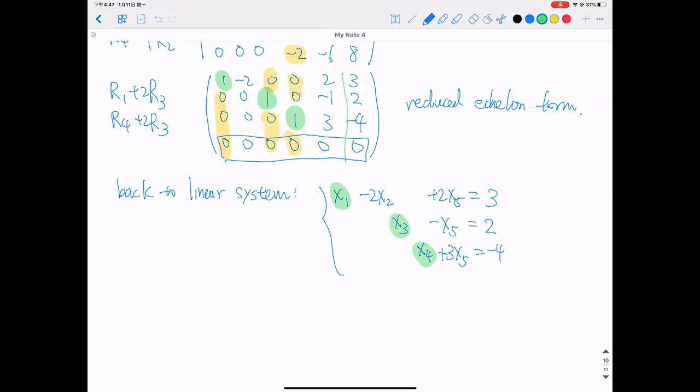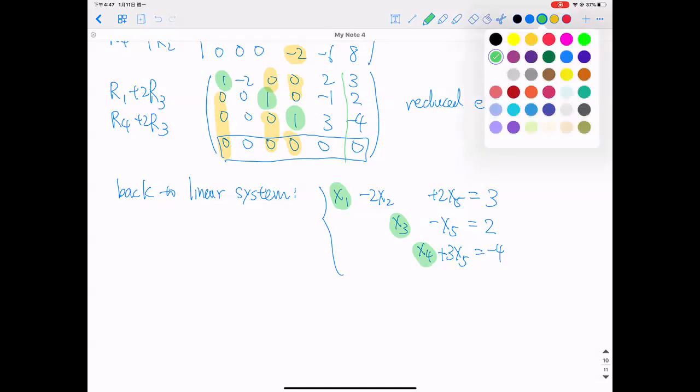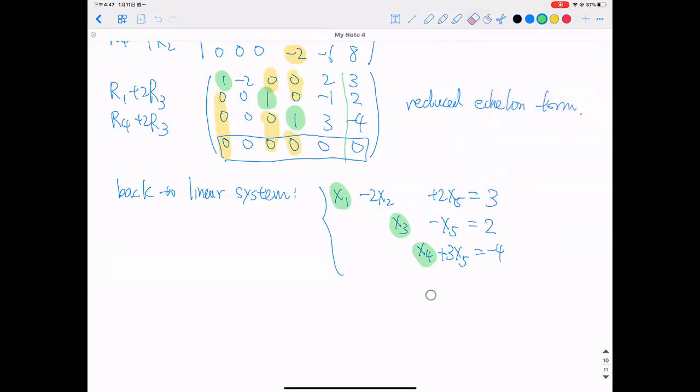These variables are going to be dependent variables, because their values depend on the values of others.